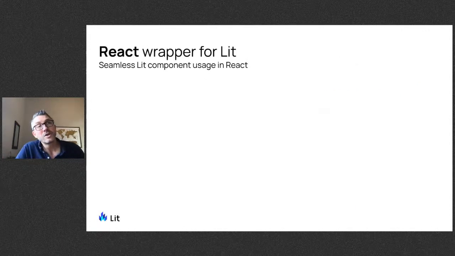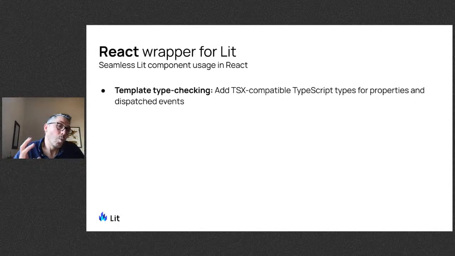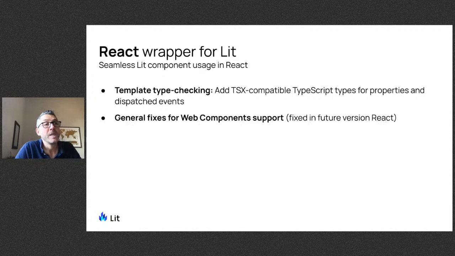So in our React wrapper, for example, what the wrapper does is it's really just providing template type checking. So it adds TSX compatible TypeScript types for properties and dispatch events so that when you're writing it in a TSX template, you can get the full power of type checking. And then, like I mentioned earlier, React has historically had a few issues with some DOM concepts.